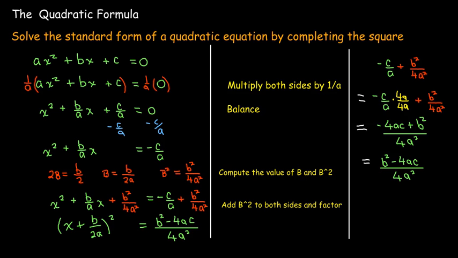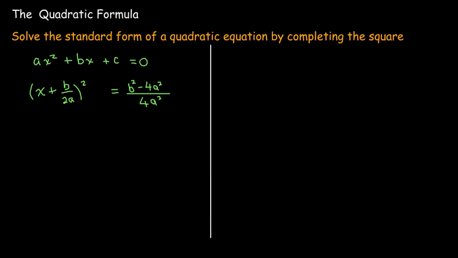That part is correct. Alright, so let's go ahead and correct this here as well. b squared minus 4ac over 4a squared. Use the square roots property.